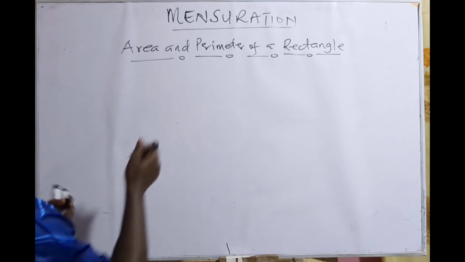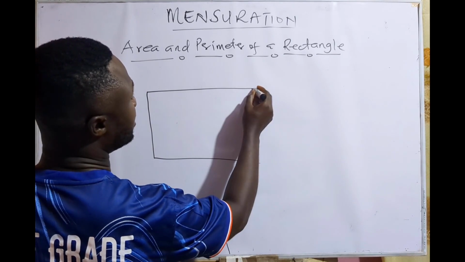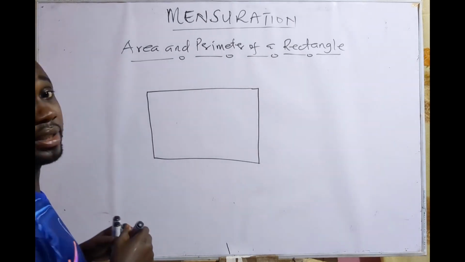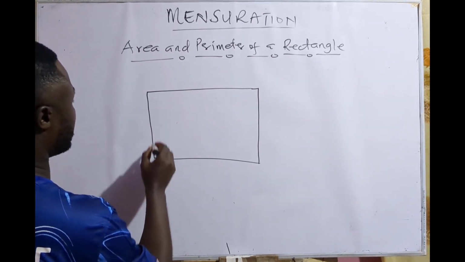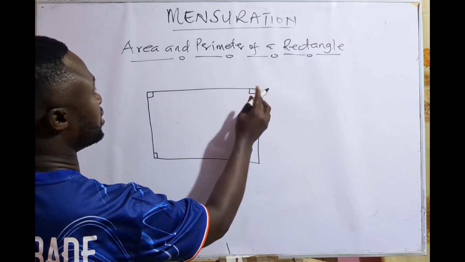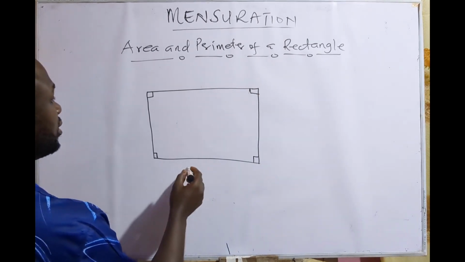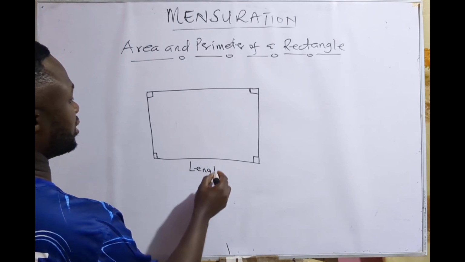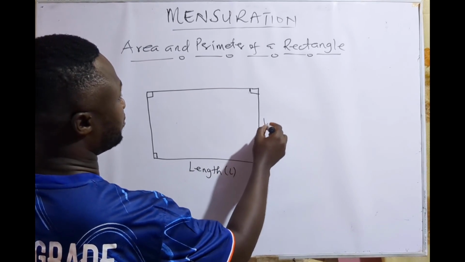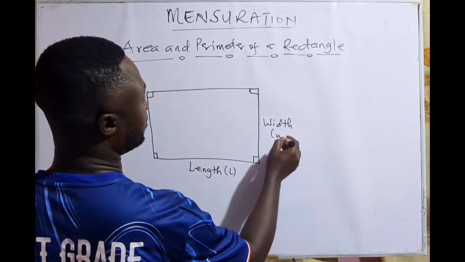A rectangle is a four-sided figure, like this, where each interior angle is 90 degrees. So here is 90, and then 90, and then we have the length here, and then the width.